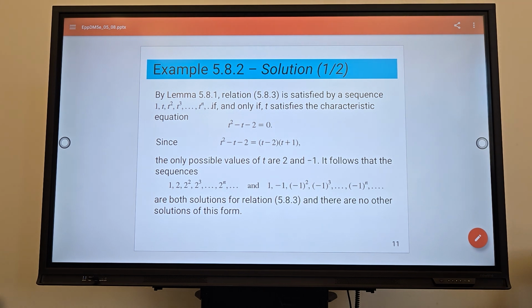A little factoring there from algebra. It follows that the sequences 1, 2, 2 squared, 2 cubed, etc., 2 to the n, and 1, minus 1, minus 1 squared, minus 1 cubed, minus 1 to the n are both solutions for the relation, and there are no other solutions of this form.